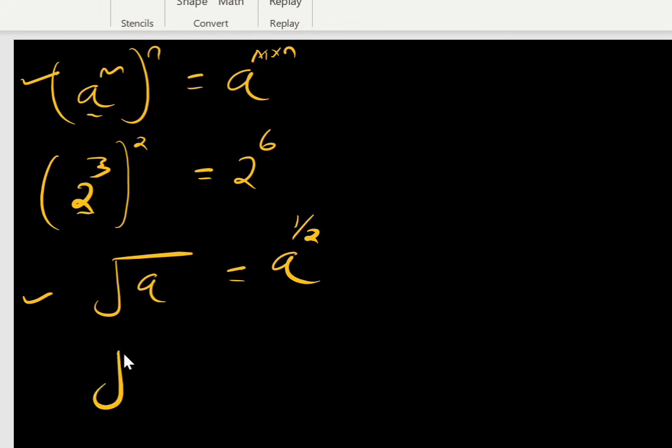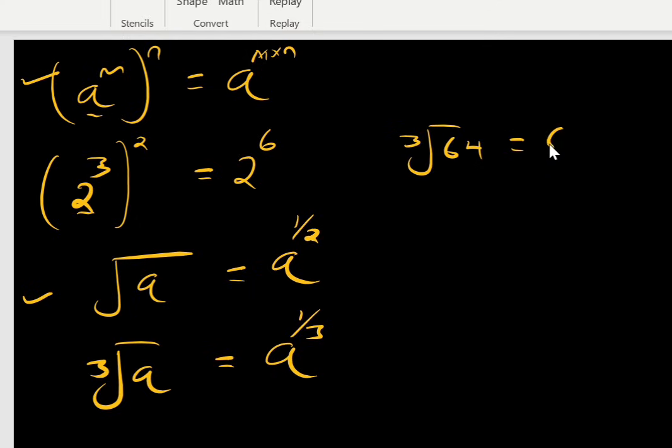If you have a cube root of a number A, it is the same as A raised to 1 over 3. So if you have the cube root of 64, you can write this as 64 raised to 1 over 3. We're going to apply these 2 laws to solve that question.